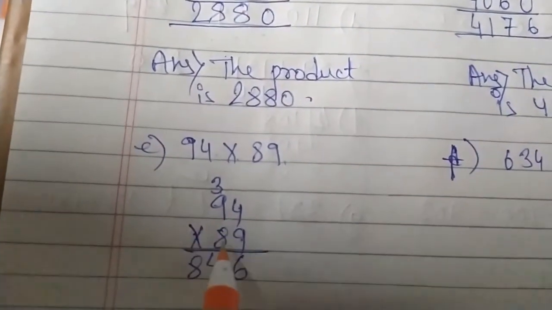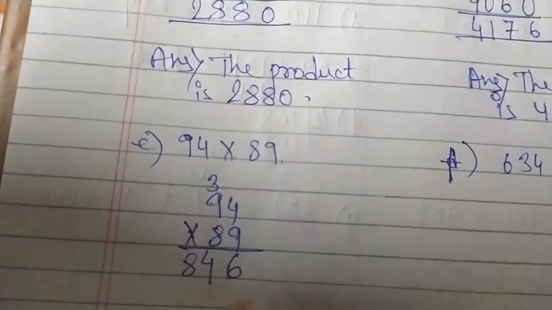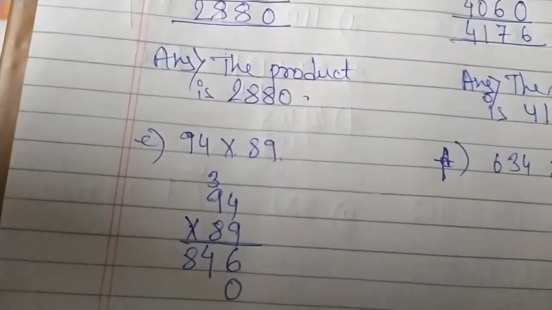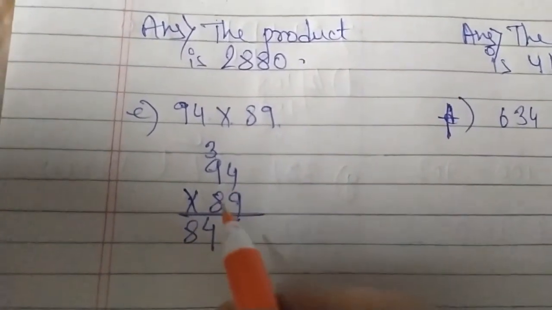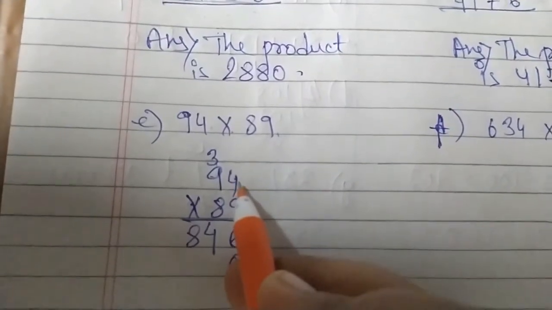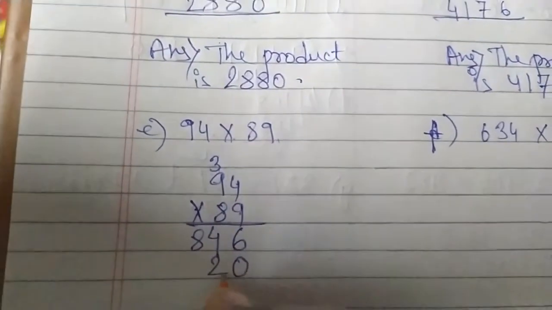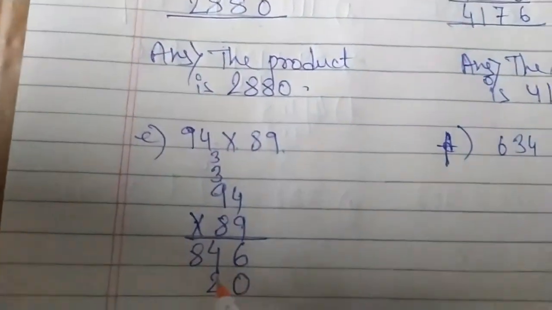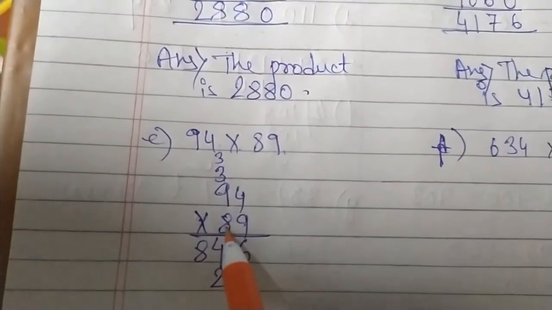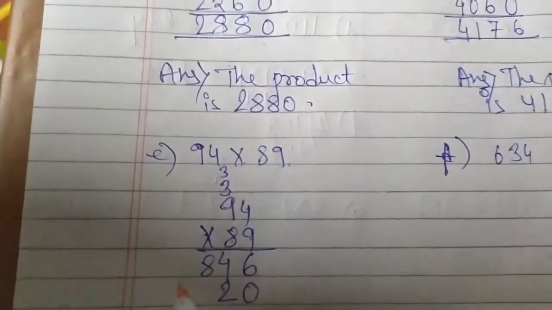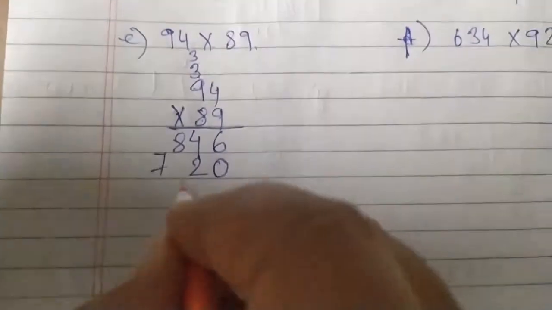Done. Now the tens place, whenever tens place comes, we will put 1 0 at the end. Now 8 4s are 32. 2 will be down, 3 will be carried. 9 8s are 72 plus 3, 75.